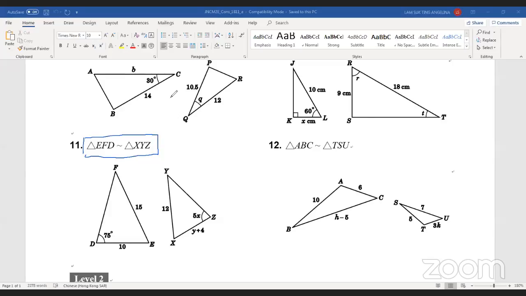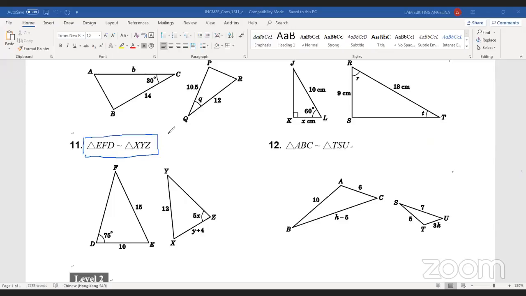Therefore, in this case, you need to identify the corresponding sides also, because you are asked to solve for the unknown size also. Usually I will ask people to write something like this before solving.